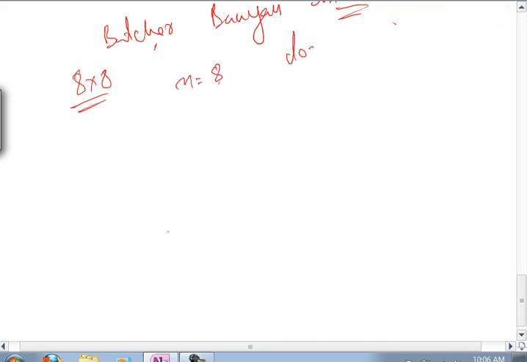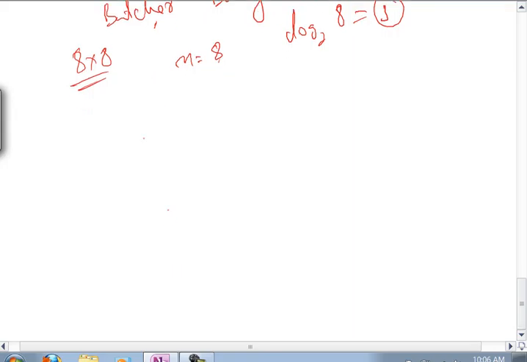So log to the base 2 of 8, that is equal to 3. So we have 3 stages. We need to have 3 stages. So accordingly, however many n's you have, that many stages. So we have 3 stages like we have seen in the space division switch, but there the story was different. There was n and k, right? The cross were n and k, but here we have, this is like a 8 cross 8.